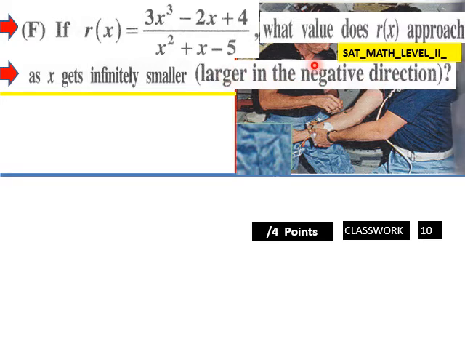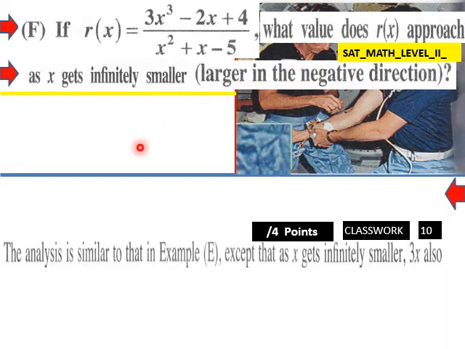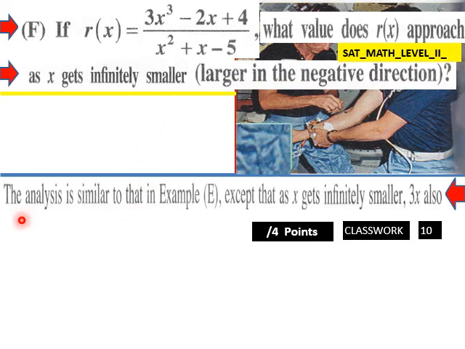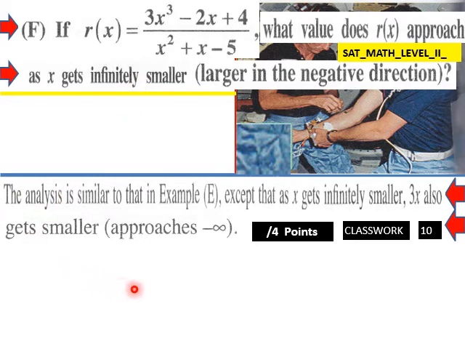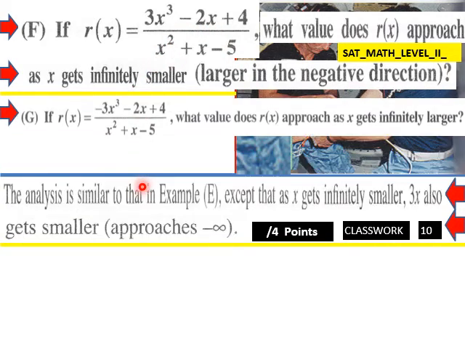So where does r of x approach? The analysis is similar to that in example E, except that as x gets infinitely smaller, 3x also gets smaller, meaning it approaches negative infinity. So that would be where to go, negative infinity.